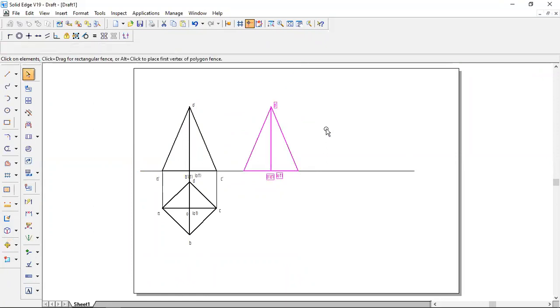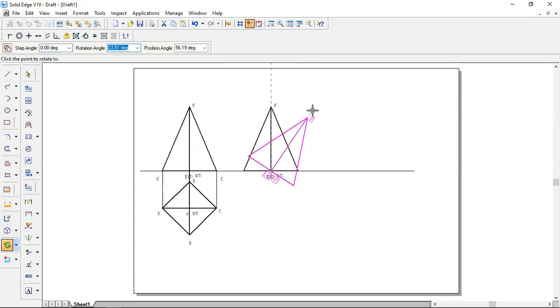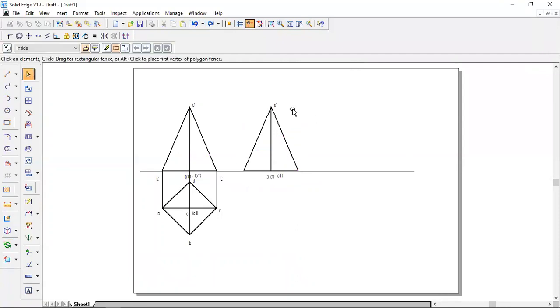Because this is the axis, if I want to rotate, you can rotate the axis from this endpoint and this endpoint like this. How much is the rotation angle? The rotation angle is 40 degrees. So rotate 40 degrees, rotation without copy.